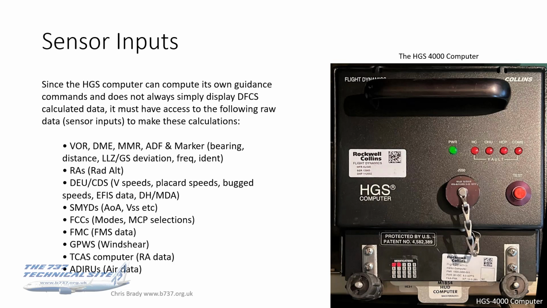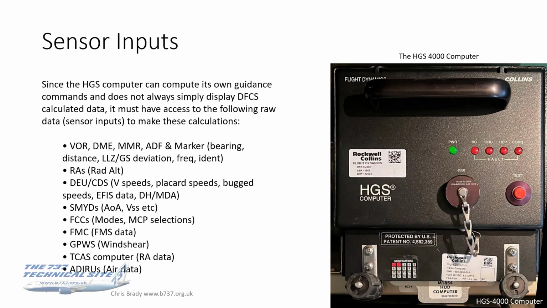FMC has got a feed into it, which I'll come on to. GPWS for the wind shear option. RA data, so hence your TCAS feed, and the ADIRUs for air data, and also alpha as well. So quite a lot of feeds into this computer. It's quite an advanced piece of kit.